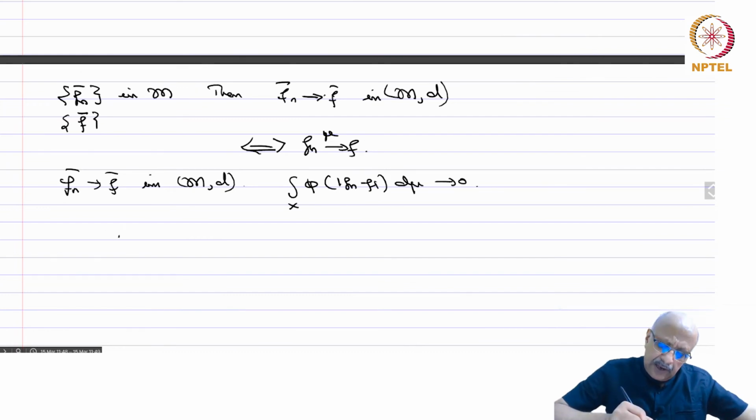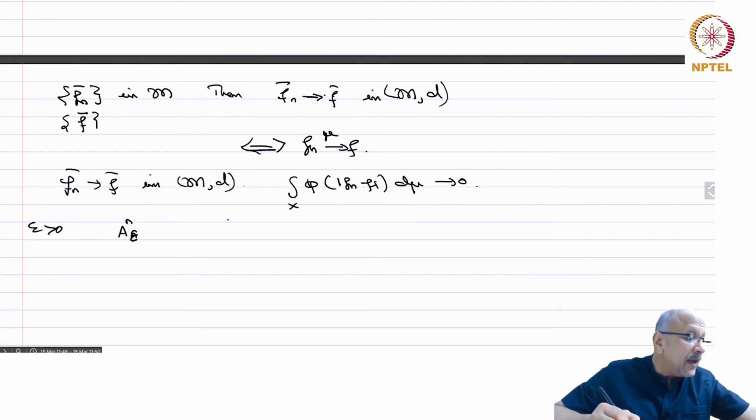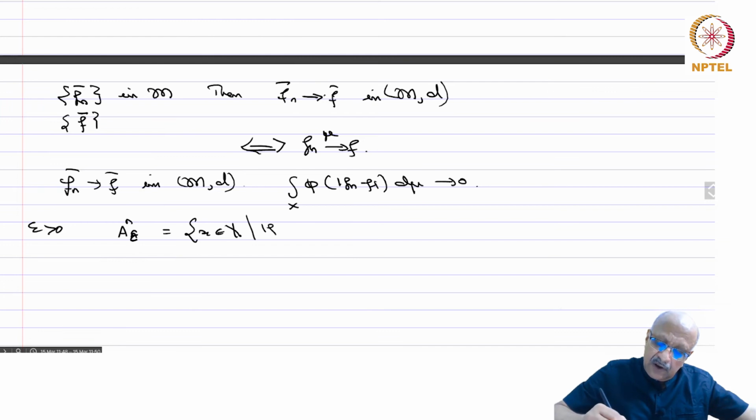Now take epsilon positive, and A_n epsilon equals the set of all x in X such that mod f_n(x) minus f(x) is greater or equal to epsilon.